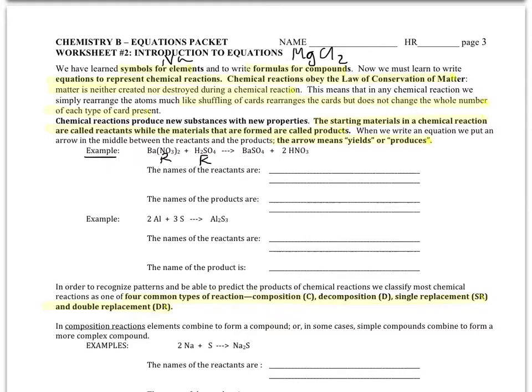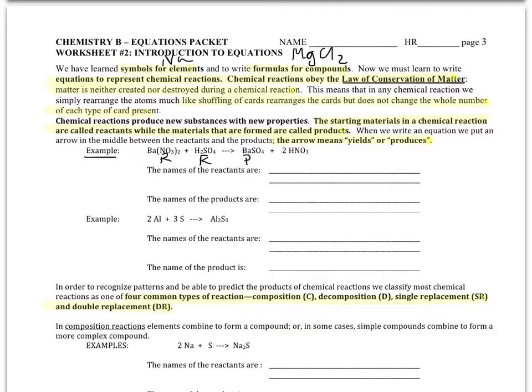But we are still going to follow the law of conservation of matter. So we are not going to create anything new that wasn't there to begin with, and we're not going to destroy anything. So the atoms that we start with will still show up as products. They just might be attached to different things.